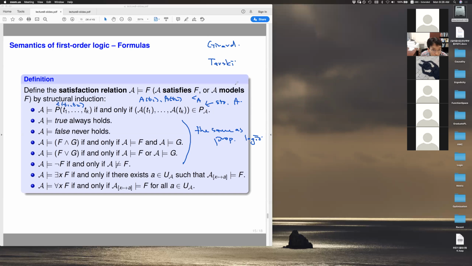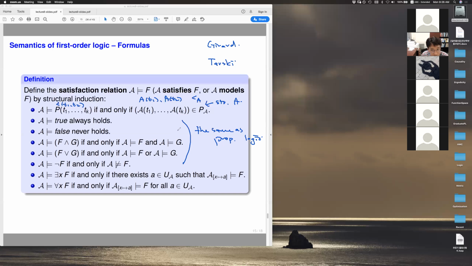What I heard is that Girard made fun of model theory. He looked at this interpretation by Tarski and said this is too obvious. Some of you might feel exactly the same. He said, oh, this means a broccoli is a broccoli. So Girard made fun of Tarski.